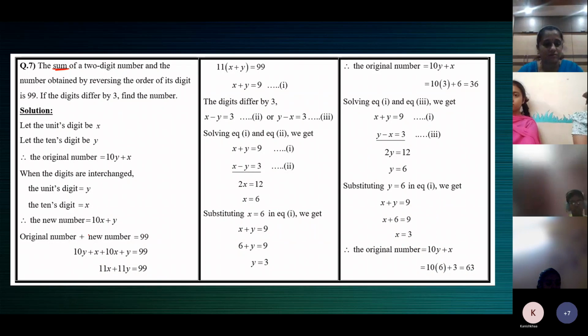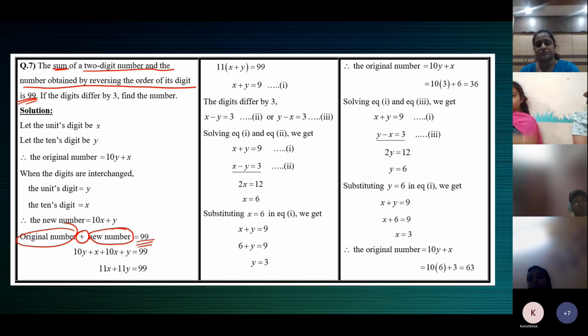The sum of a 2-digit number, that means the original number, and the number obtained by reversing the order of its digits, that means the new number. The sum is 99, meaning equal to 99.